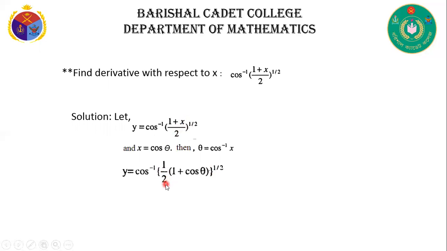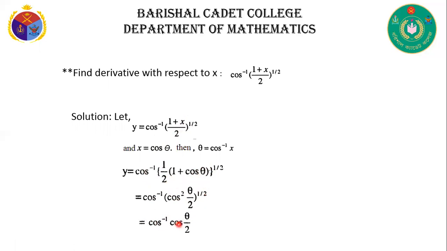We know 1 plus cos 2 theta is equal to 2 cos square theta. Here 2 theta means 2 into theta by 2. That's why you can write cos inverse of (cos square theta by 2) to the power half. Now cos inverse of cos theta by 2, the square root and square cancel.